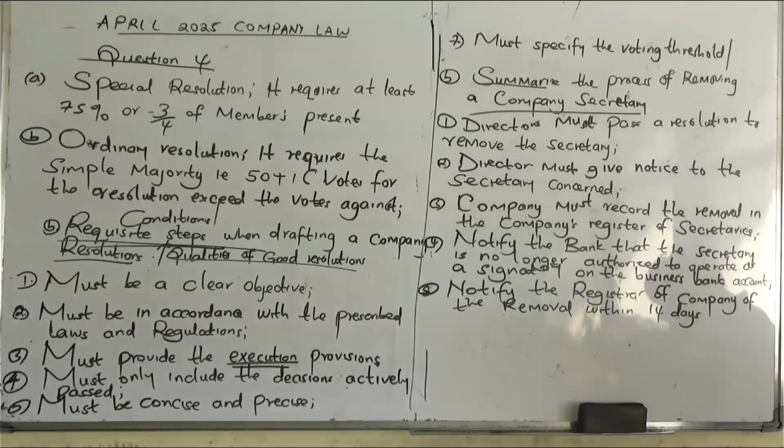Okay, let me then answer. Outline the contents of an auditor's annual report. One, the contents. One, the auditor's opinion on matters.